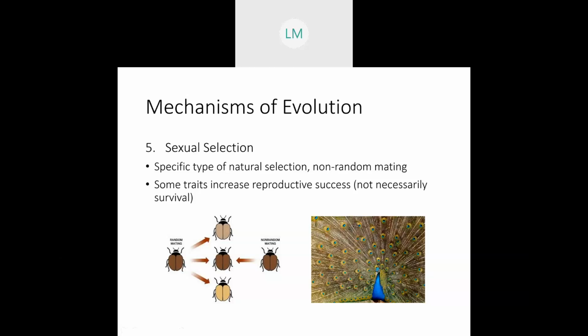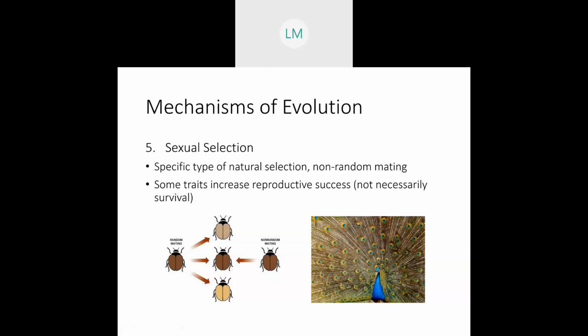So we get some really interesting things that are traits caused by sexual selection. A lot of times, any sort of giant ornamental trait you see on an organism is going to be due to sexual selection. And a lot of times it's due to some sort of female preference. You see these large ornaments on male individuals. Females are preferentially choosing males with that large ornament to reproduce with. And there's lots of research out there.